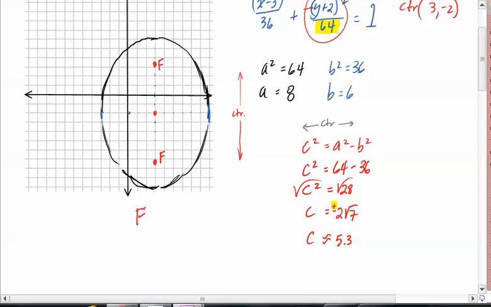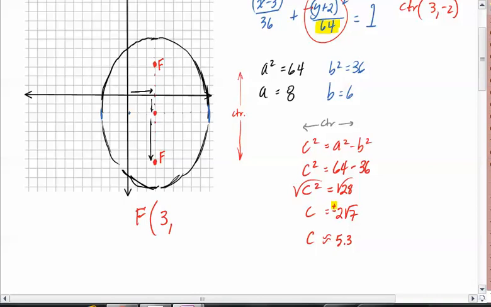Now, the last thing I want to do is name them properly. I can't just use that decimal. That's an approximation. I want to be exact. So let's think about this. In order to find the places where these foci are located, I need to go out 3. So it makes sense that my x-coordinate is 3. Now, let's go down first. I'm going to go -2, but on top of that, also going the -5.3, which is 2 square roots of 7.